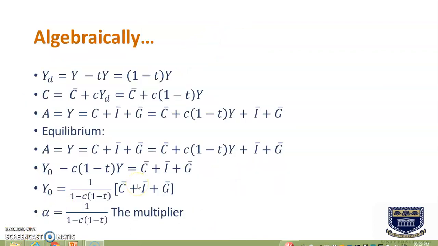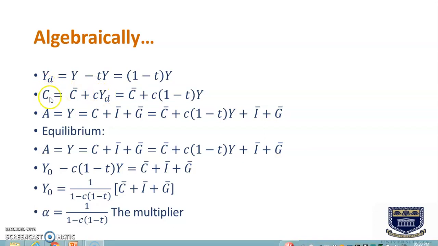Let's look at the model algebraically so that we can solve for the equilibrium level of income. So thus far we have the disposable income YD, and we saw that it is equal to (1 minus T)Y. We also saw that we have to modify our consumption function to include disposable income now.